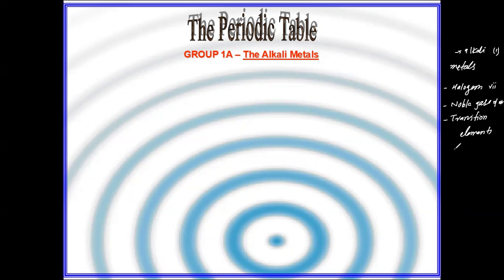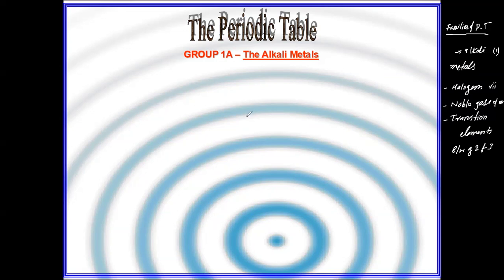Transition elements are between group 2 and 3. So these are the families of the periodic table which we will be discussing in detail. Hope you understand.